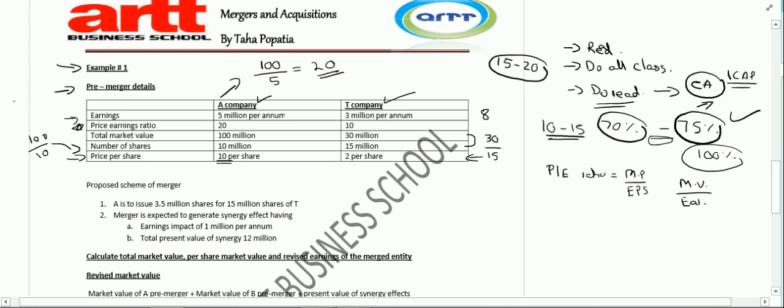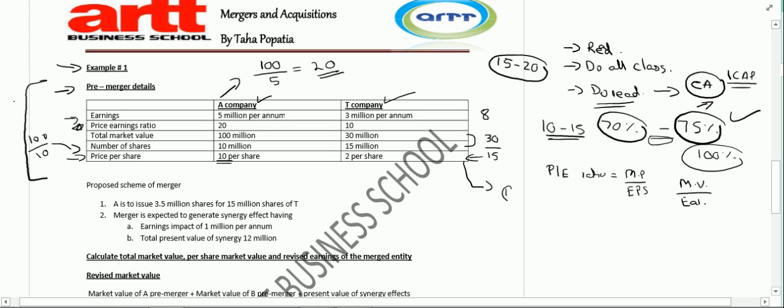And in any question, if you are not provided this sort of table, you must make it if possible, and it will definitely help you to speed up solving the question.